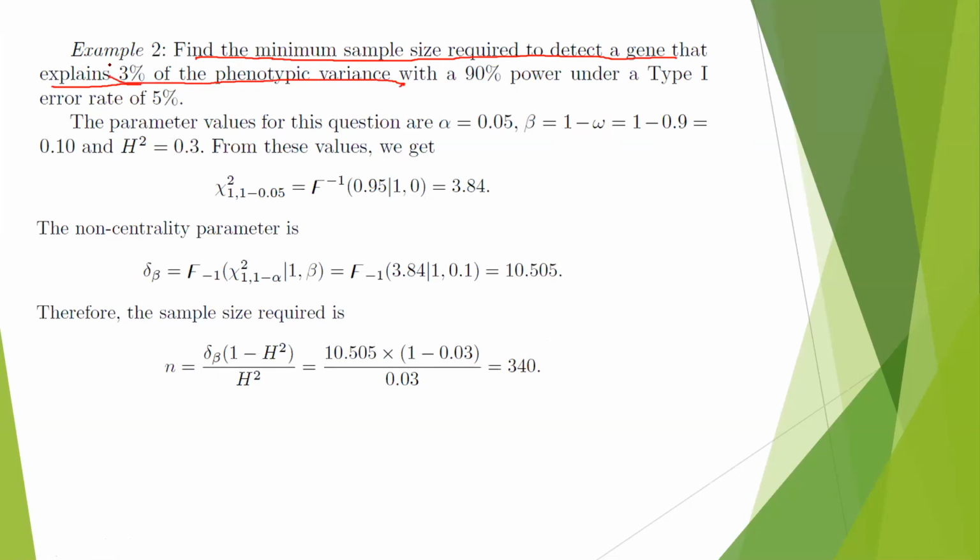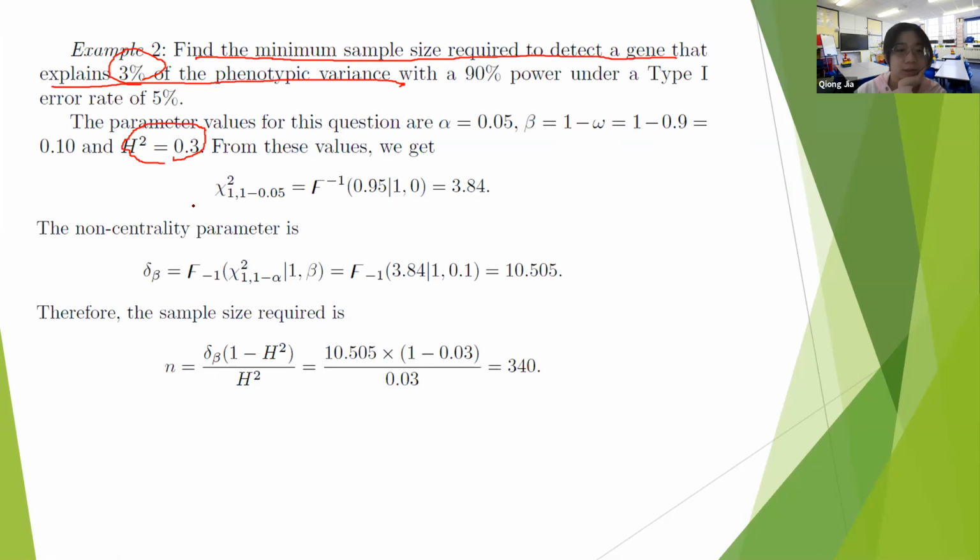So what does that mean, 3%? The heritability. Yes, the heritability equals 3%, which means this is not a very nice trait to study. Maybe this trait is an important trait, but it's not that easy to study.